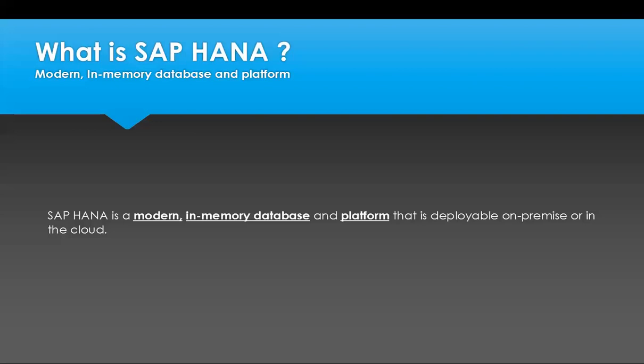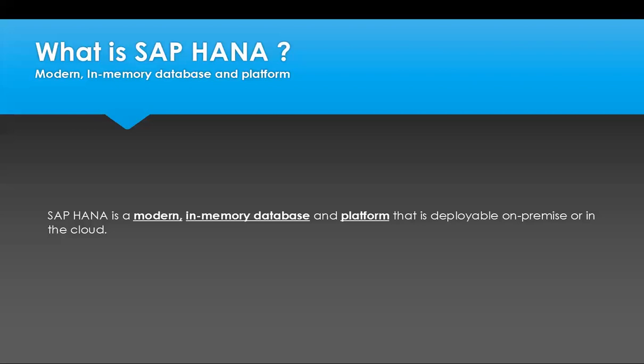So the speed advantages offered by this RAM storage system are further accelerated by the use of multi-core CPUs. As I already told you, there are multiple cores per CPU, multiple CPUs per board, and multiple boards per server. So you can just imagine how fast the processing can be.